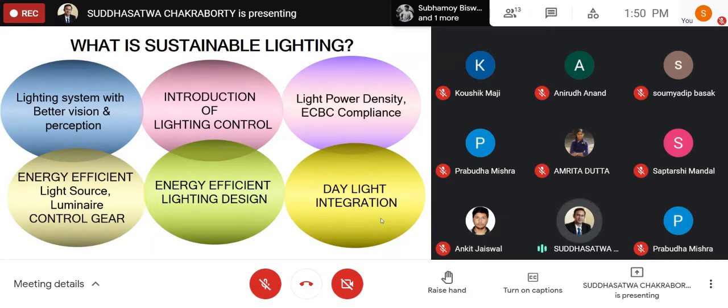So what is there in the Energy Conservation Building Code? Once you have done your design, whether your design is at par or not from the energy point of view, there should be a benchmark. That's why in this ECBC guideline there is a term called light power density, abbreviated as LPD. The unit of light power density is watt per meter square.